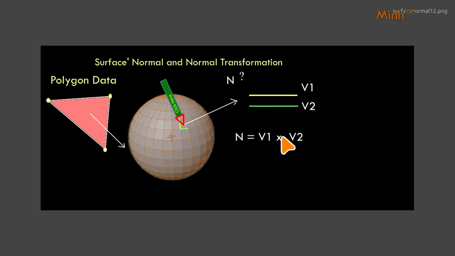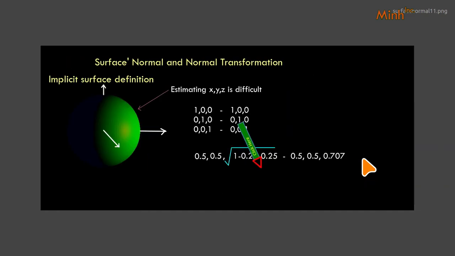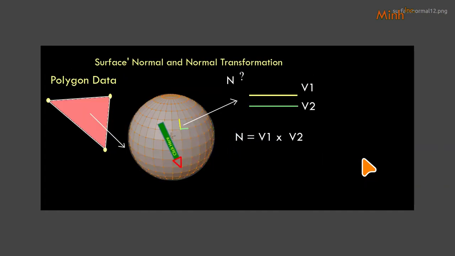If I take a facet, any two lines meeting each other, we calculate those two lines' equations. How do we calculate it? If the two ends of the line are P1 and P2 and I subtract, I get the vector. So here also, if I subtract the two ends of the yellow line and the two ends of the green line, I get V1 and V2.